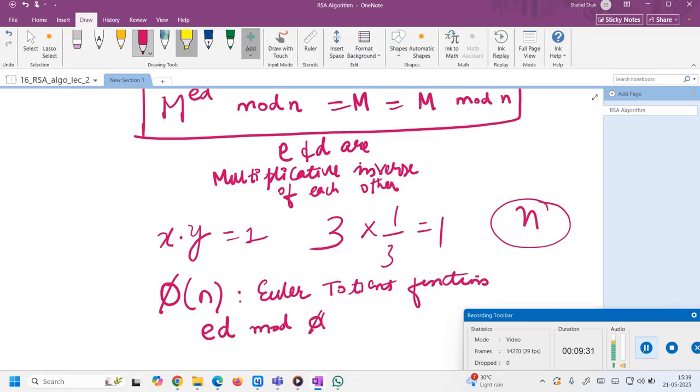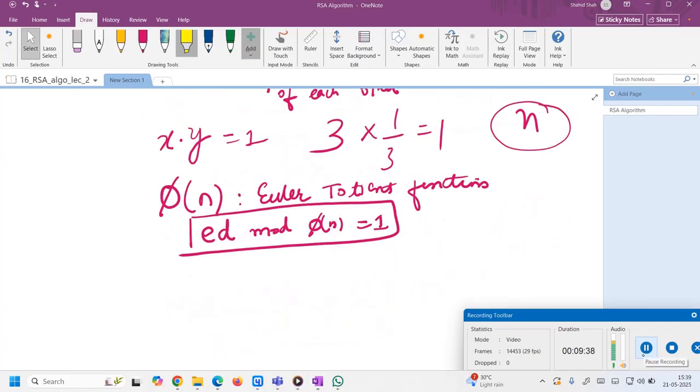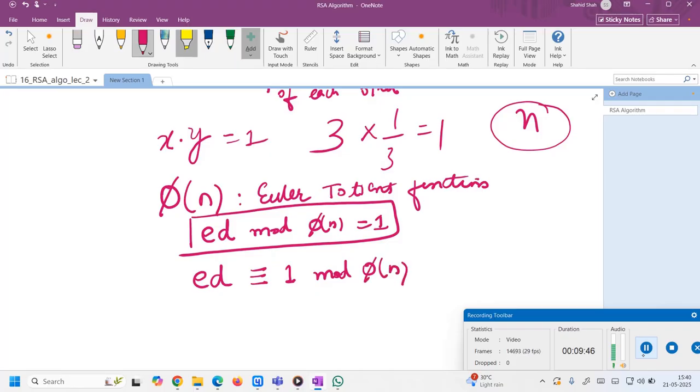Here the number is phi of N, so ED modulo phi of N is equal to 1, which is equivalent to saying that ED is equivalent to 1 in modulo phi of N. In other words, D is E inverse in modulo phi of N.